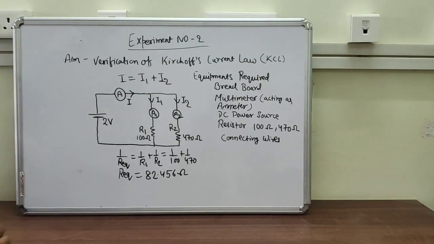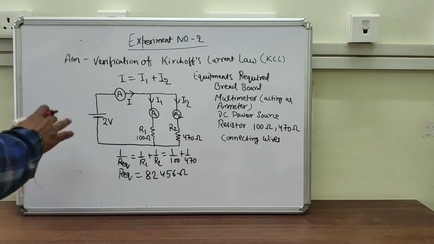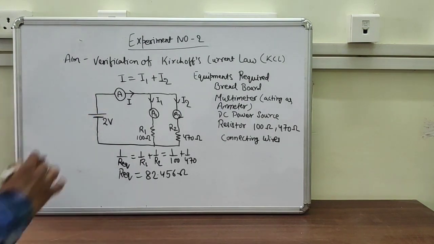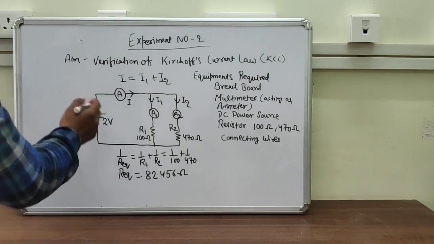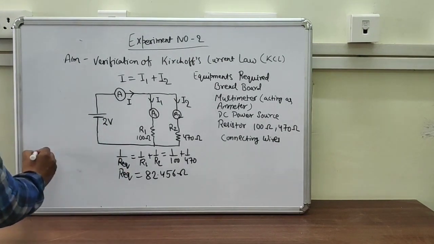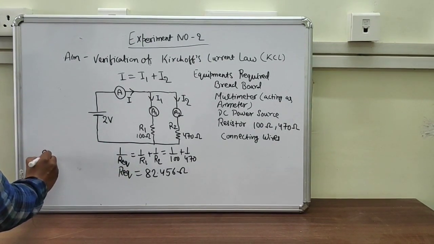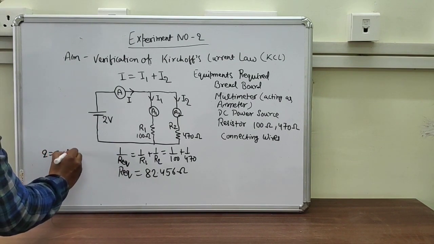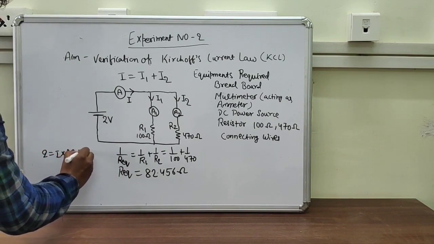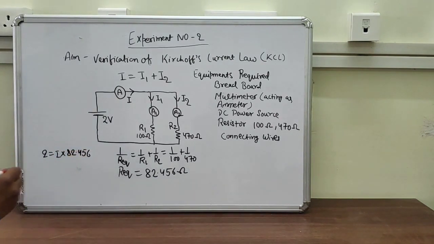With the help of Ohm's law, we can find the net current in this circuit. We can write V is equal to IR, so the voltage 2 is equal to I into 82.456 ohm.